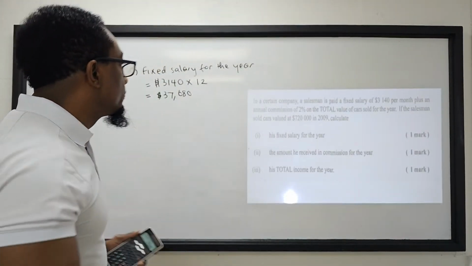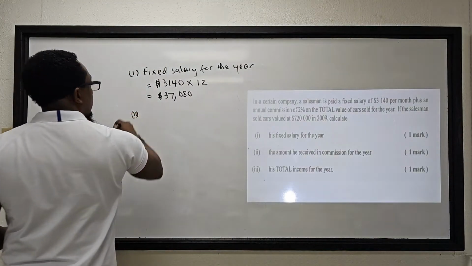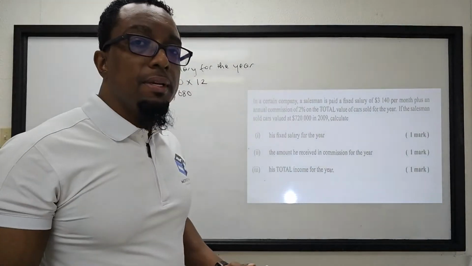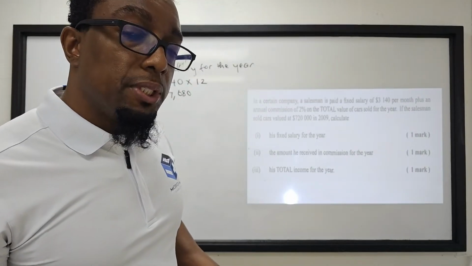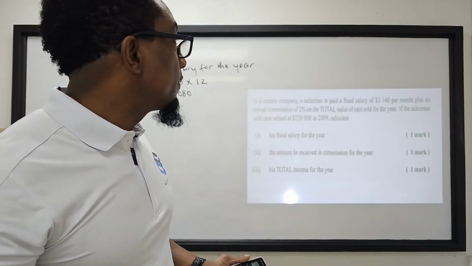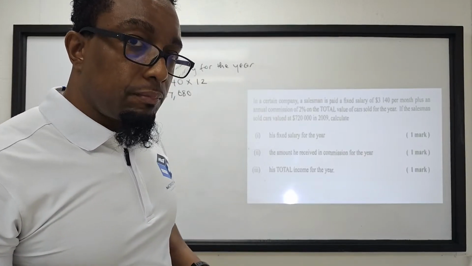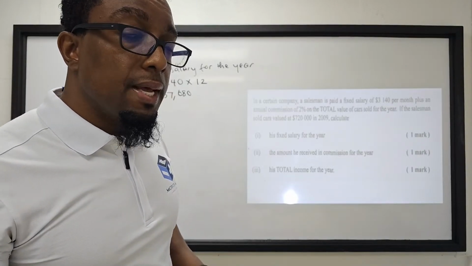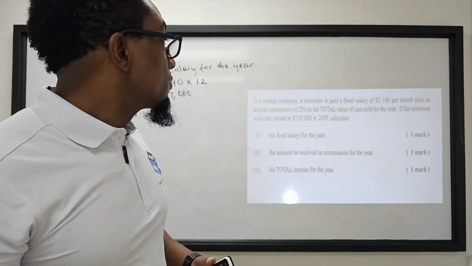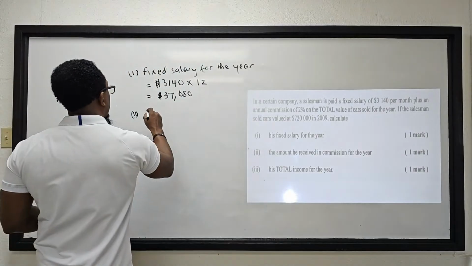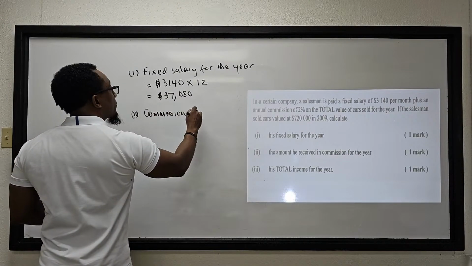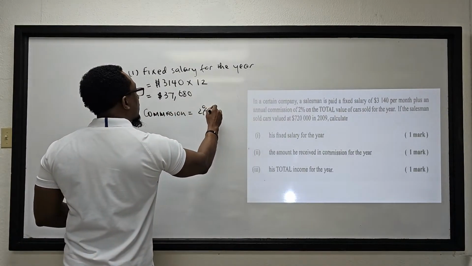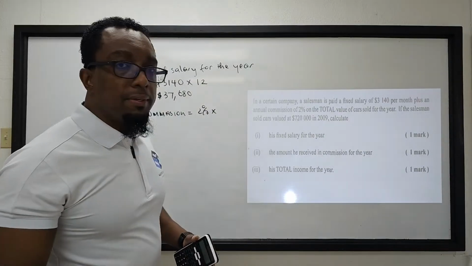And part 2, the amount he receives in commission for the year. Remember, commission is simply a percentage of the total amount that was sold. So the commission will be 2% of $720,000.